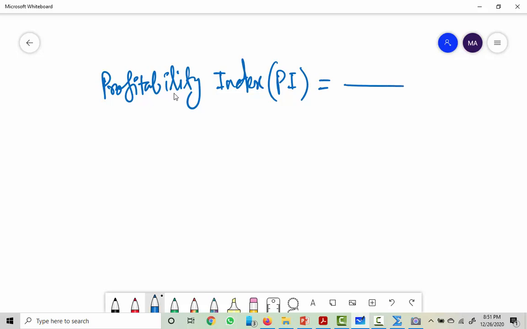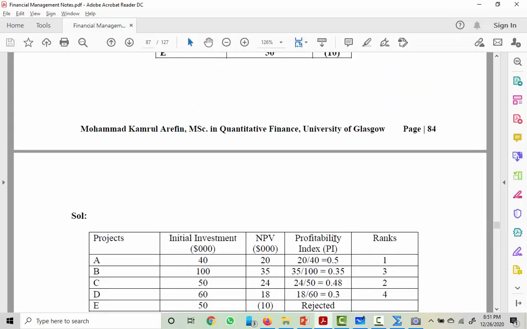So PI is equal to NPV divided by initial investment. We will calculate the profitability index to find out the best project, to develop a ranking. So we will find the ratio of NPV divided by initial investment to develop a ranking, right?